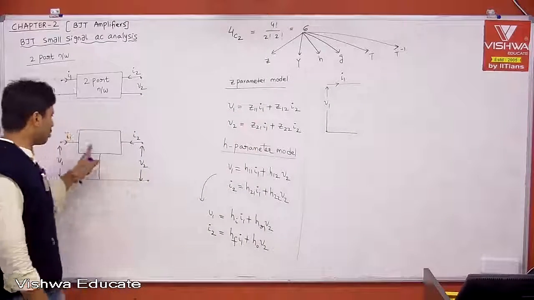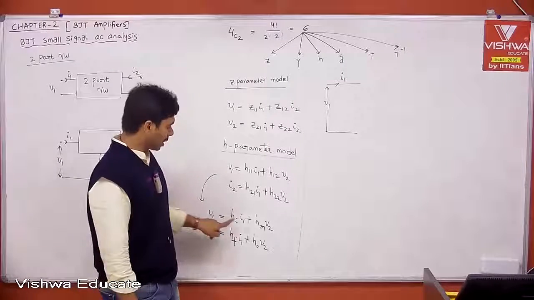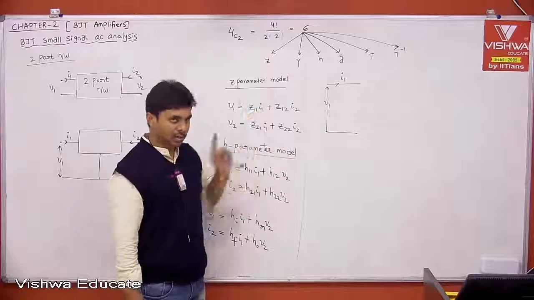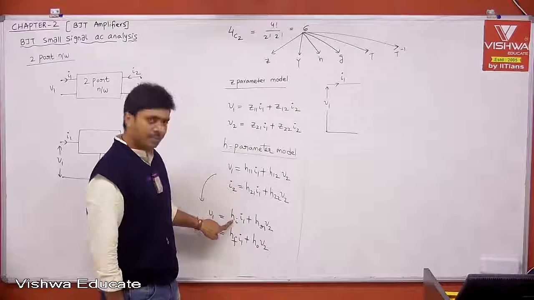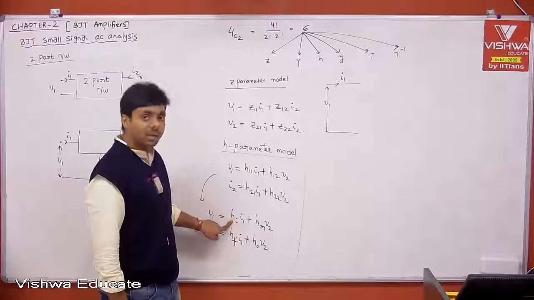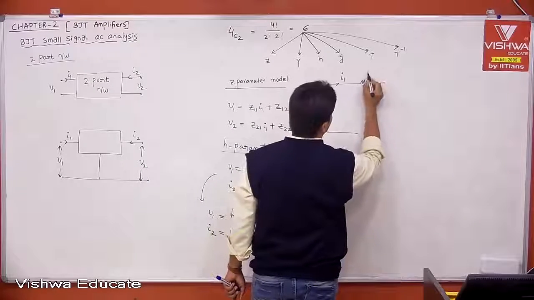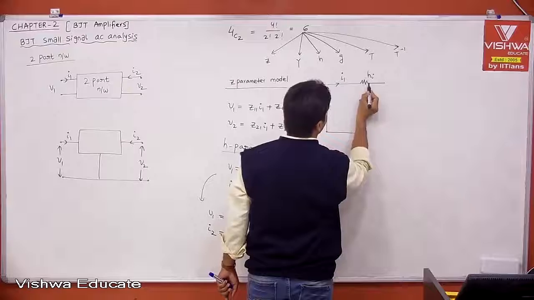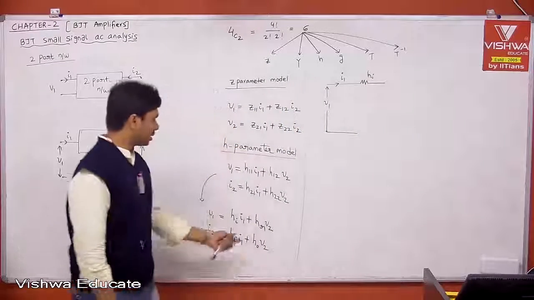We are trying to replace the black box with the mathematical equations. Then V1 is equal to, I1 is nothing but your input current. Then to get this as voltage, what should be HI? Current into something is equal to voltage. Therefore, that HI should be a resistor. Then I1 into HI is nothing but the voltage, plus something.